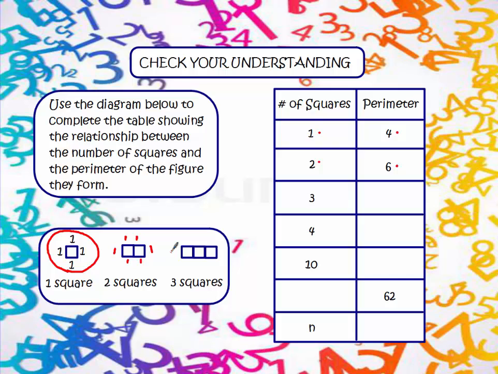So the perimeter for that bottom right corner is going to involve the variable n somewhere in it. All right, good luck, have fun, and I will see you next class.